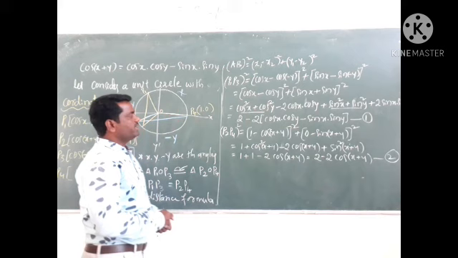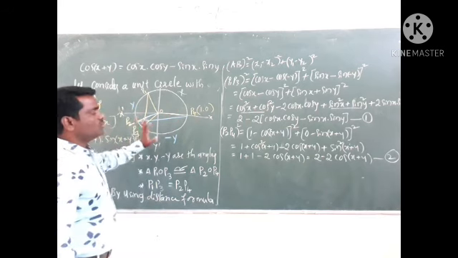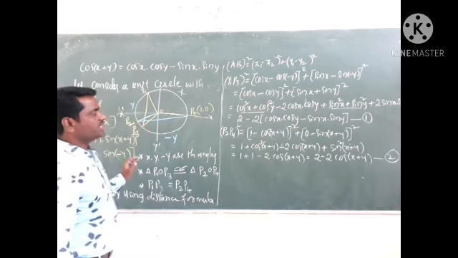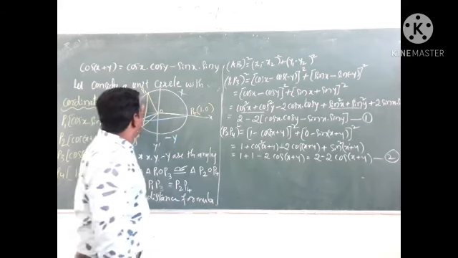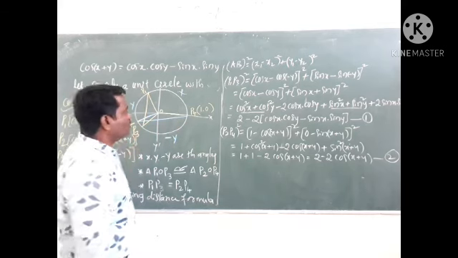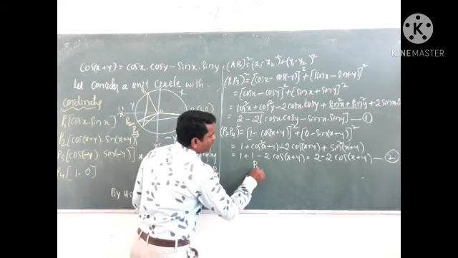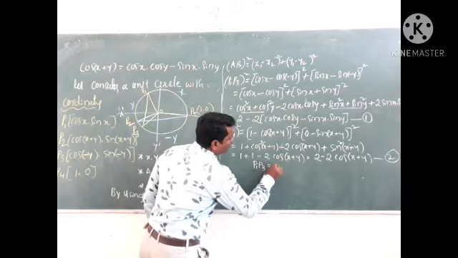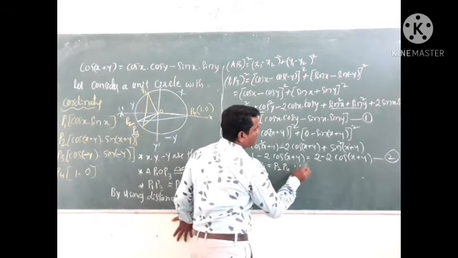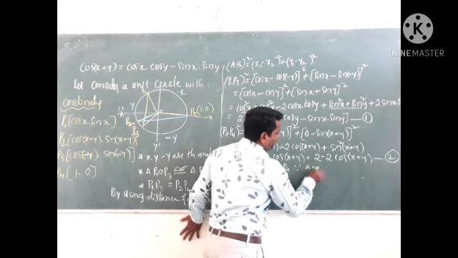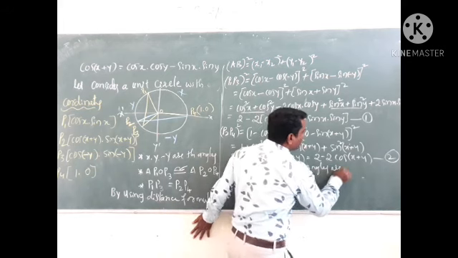According to these two, since the angles are congruent, P1 P3 equals P2 P4.